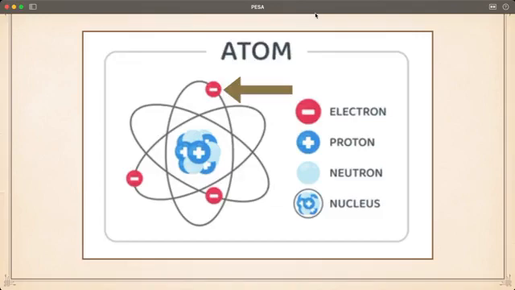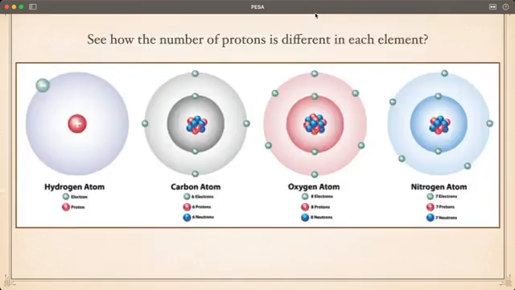Yes, that's just a picture, so obviously it's not a real photo of an atom, but still, electrons are a lot smaller than protons or neutrons. So, how small are they, you may ask? Well, they're 1 over 1,840 AMUs. They're a lot smaller than either a proton or a neutron.